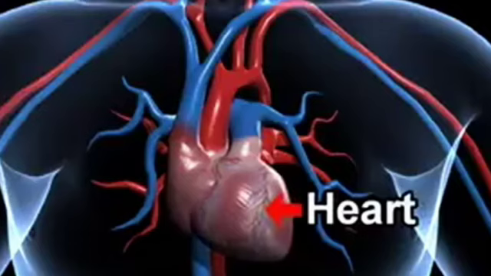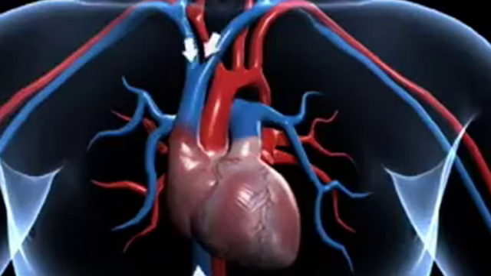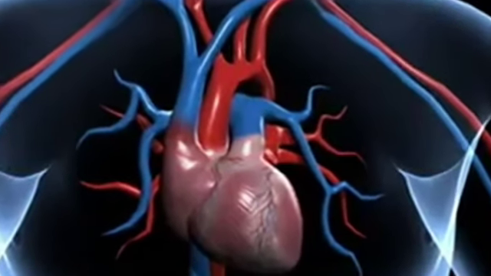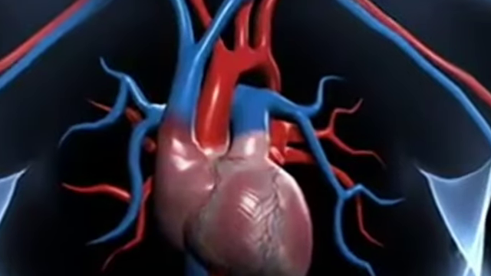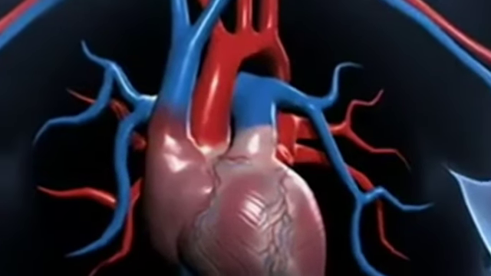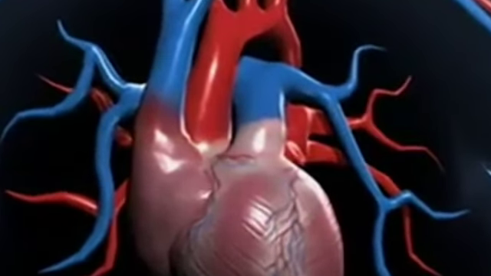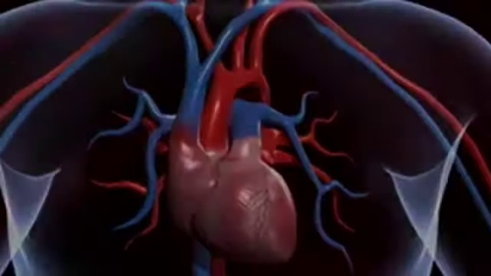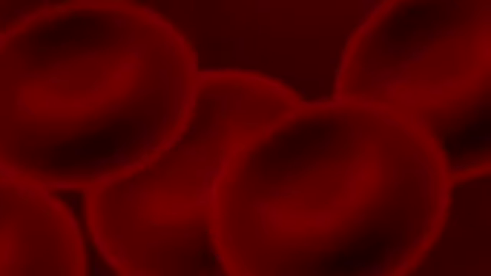The heart is like a pump which pumps blood to all the parts of the body. Blood vessels are thin tubes which carry blood to all the parts of our body.